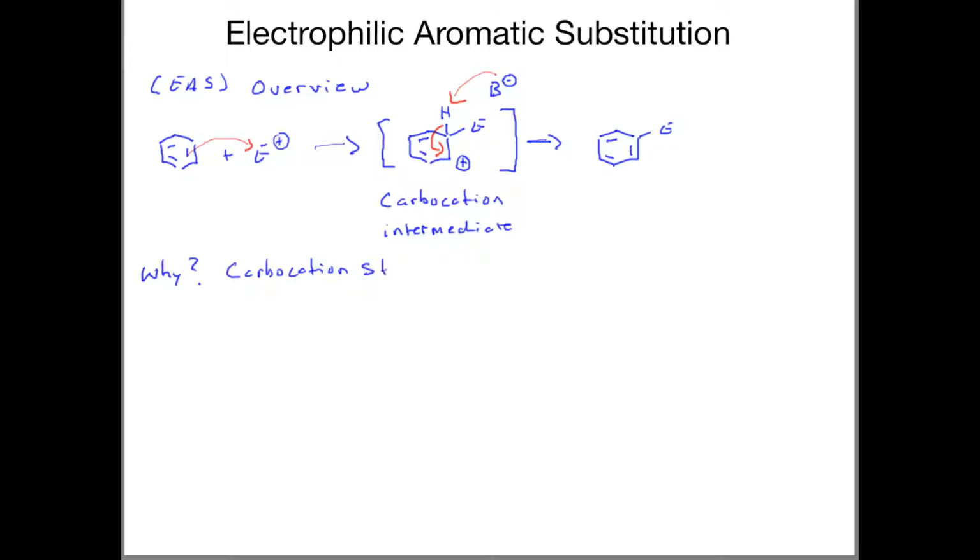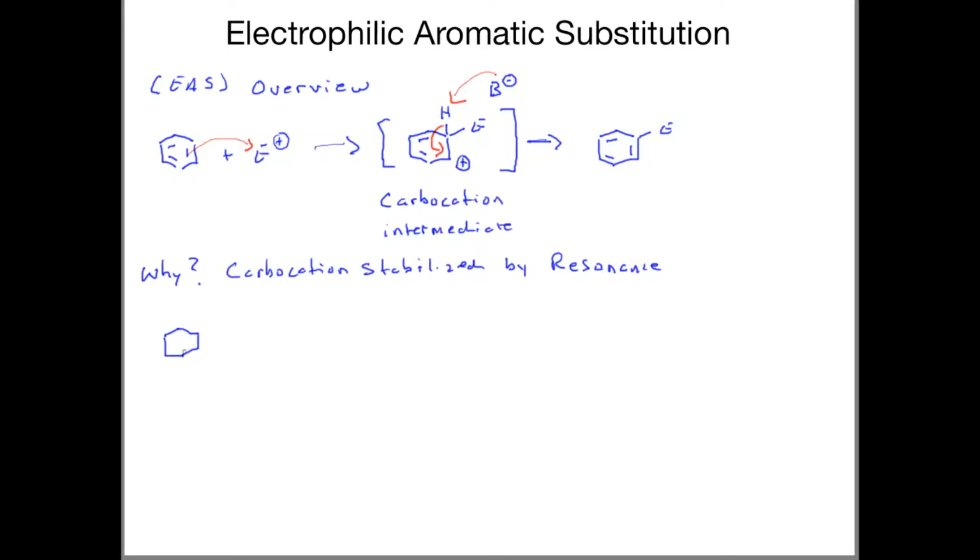So why does it undergo this type of reaction, and why do we form this carbocation here? Well, first of all, this carbocation, as was mentioned, is stabilized by resonance.